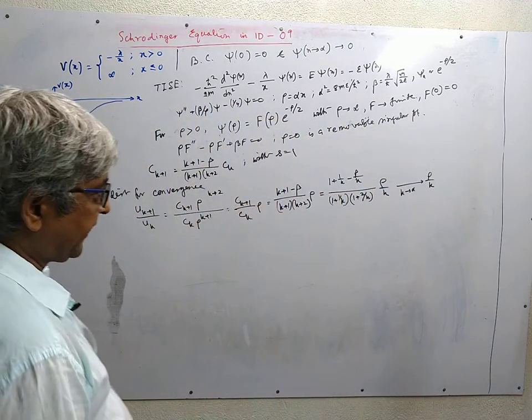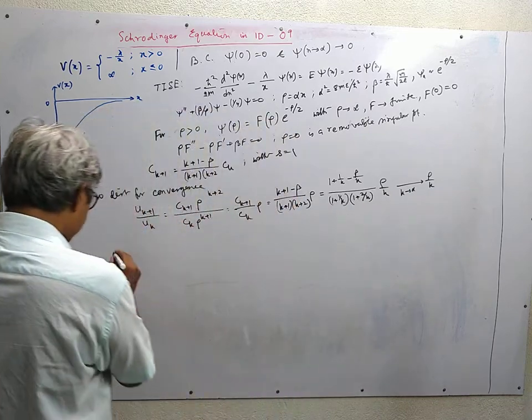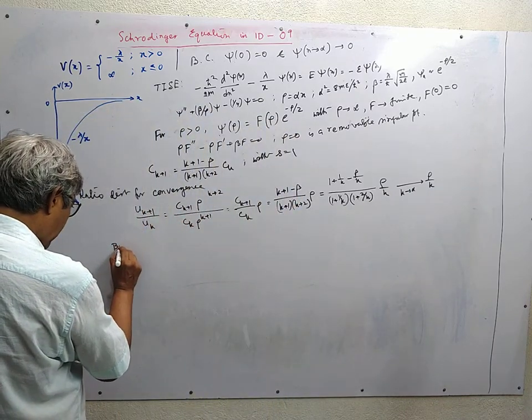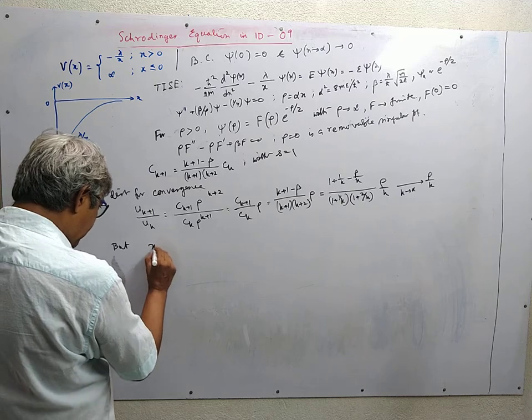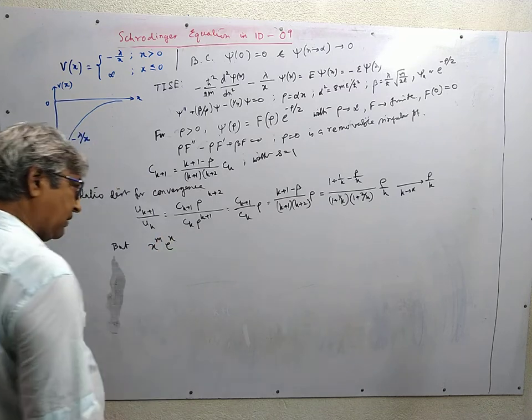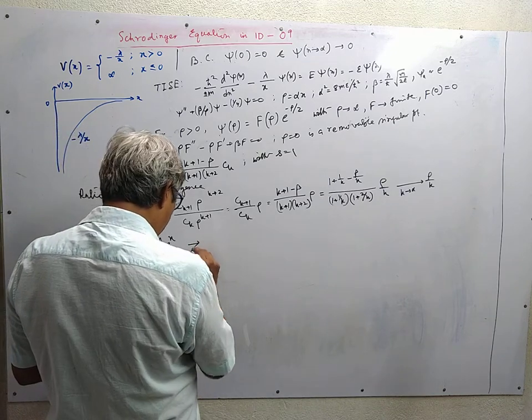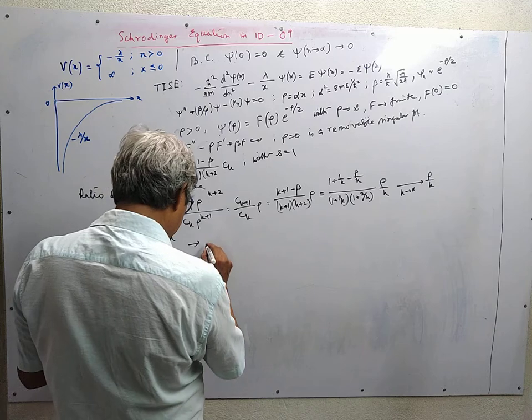At first sight it may seem that it is a convergent series, but I go to the comparison test. For x to the power m e to the power x with any finite m, we have the same asymptotic relation.